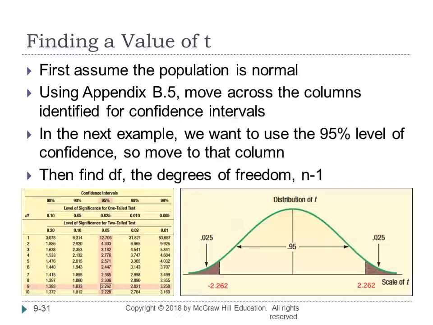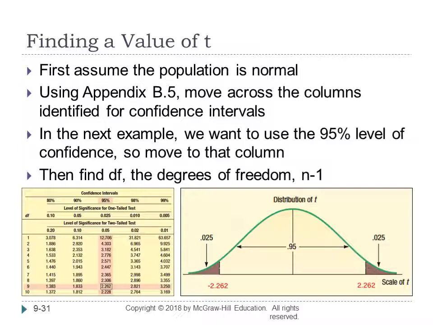Select the column for the confidence level that you want, and the level of significance for a two-tailed test is given in that column. We will explain what two-tailed test means. But clearly you only need to use one column, and that is determined by the confidence level that you want.